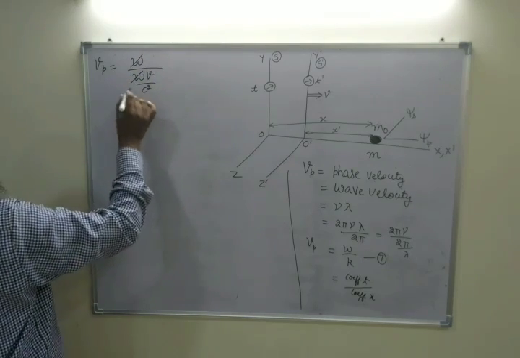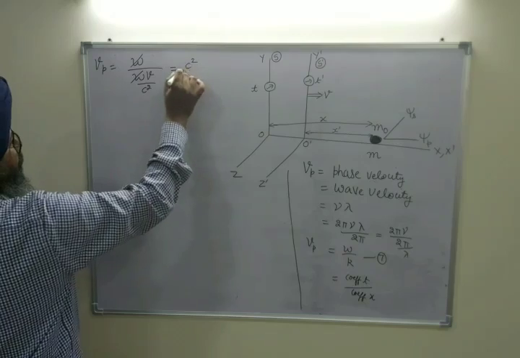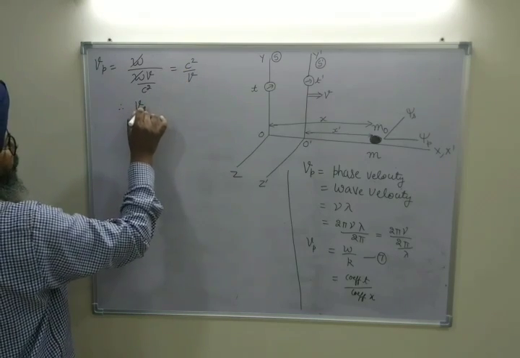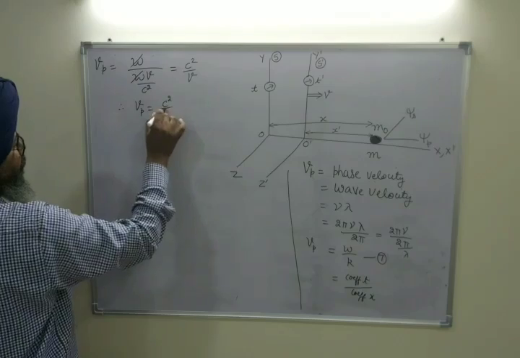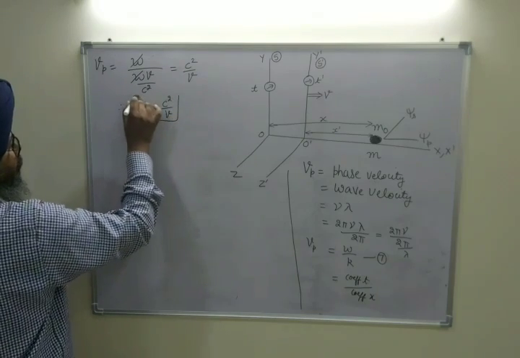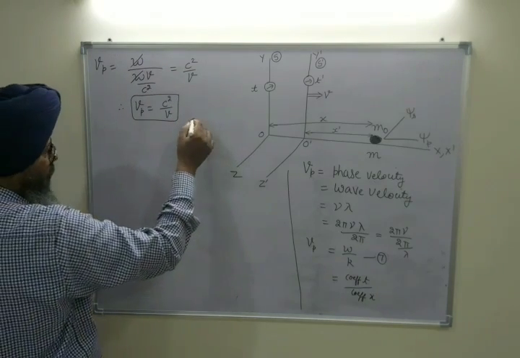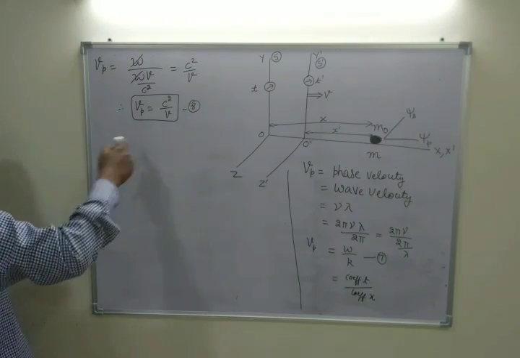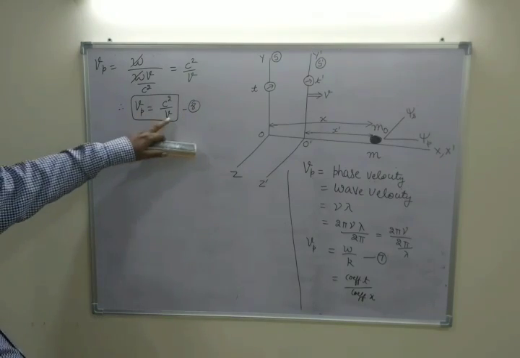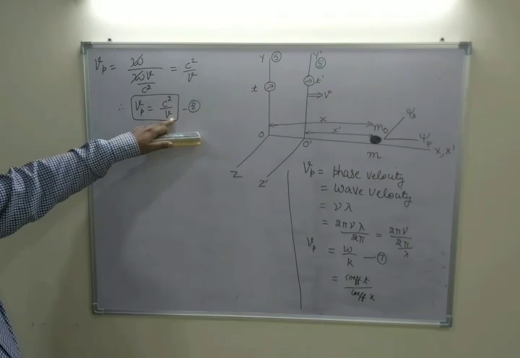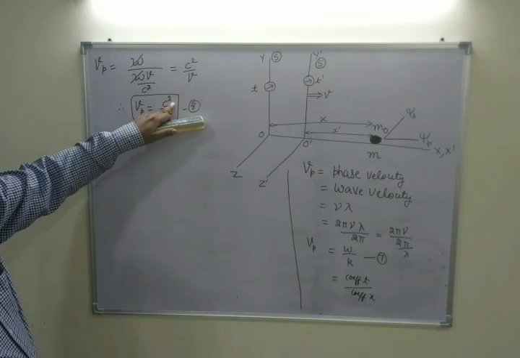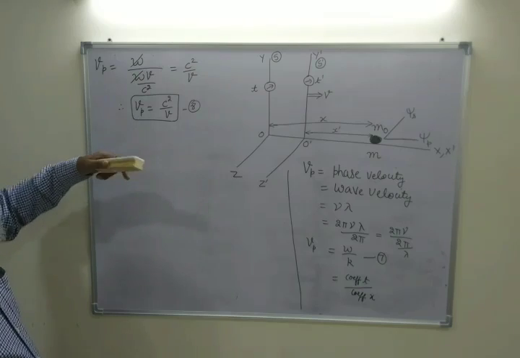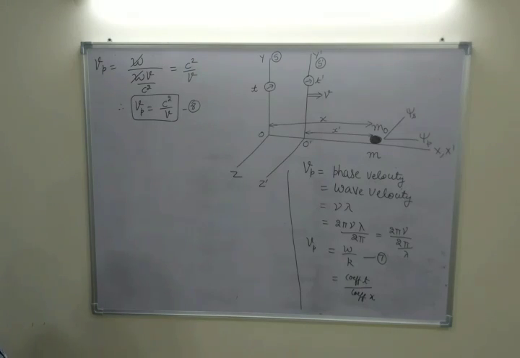This omega and this omega will cancel. It will be c square upon v. Therefore, the velocity of de-Broglie waves is equal to c square upon v. Let me write this as equation number 8. In this expression, all these three are velocities. This is the velocity of the object in the frame S, this is the velocity of light in vacuum, and this is the velocity of the de-Broglie wave in the frame S, of course.